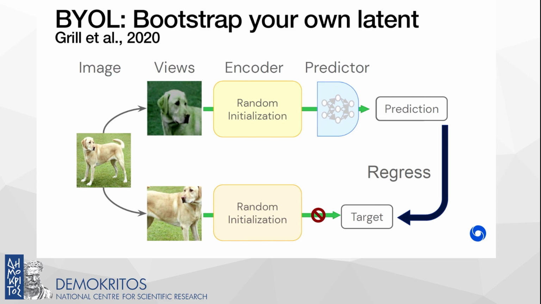So you have a slightly better representation here, and now the top branch, by trying to predict this representation, also improves. So after training a little bit, you get something better here. You take this, you copy it here, and you keep repeating, basically. This is the idea of bootstrapping in this case.